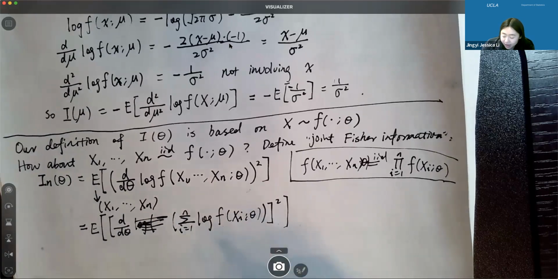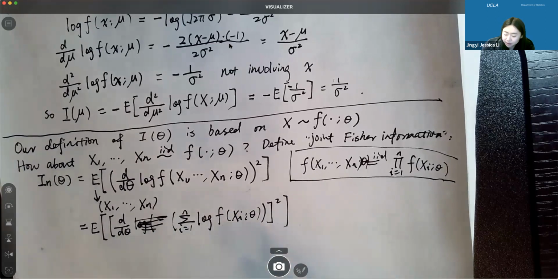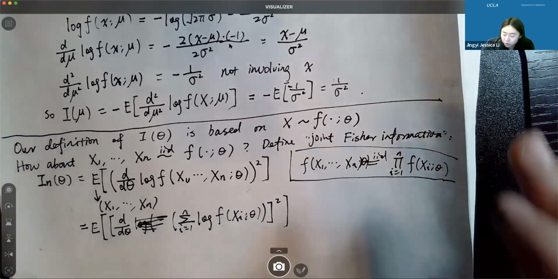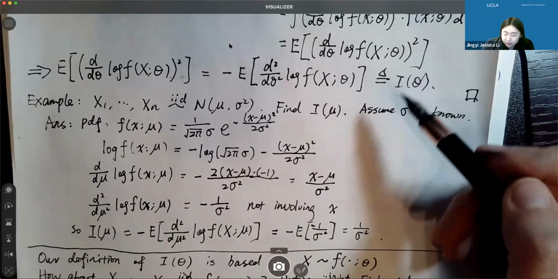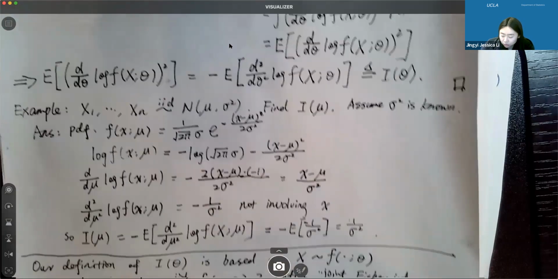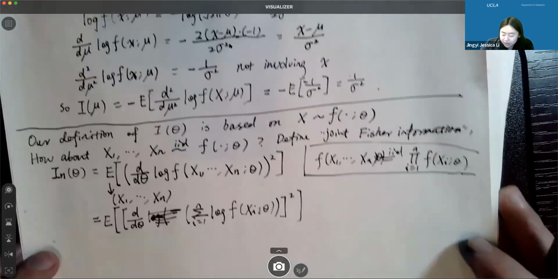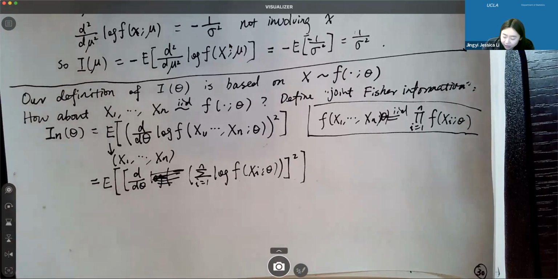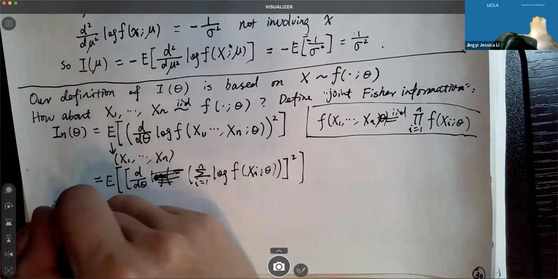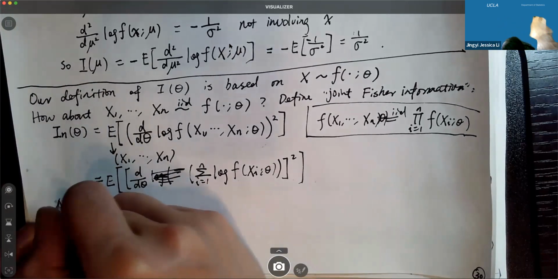This is a square, and we will need to do something similar to what we proved right here, the proof that these two definitions are equal to each other. We will do something similar to show that they are the same. But let me just go to the alternative definition again, which can be more straightforward.